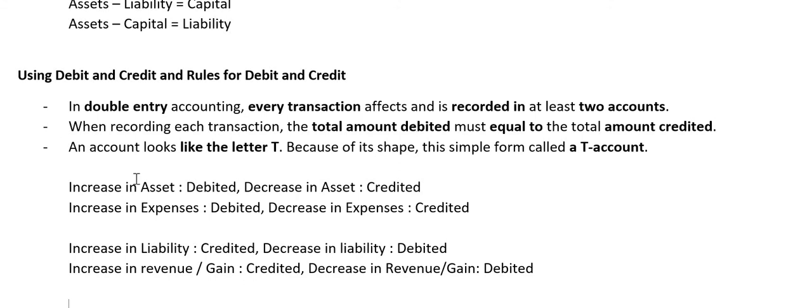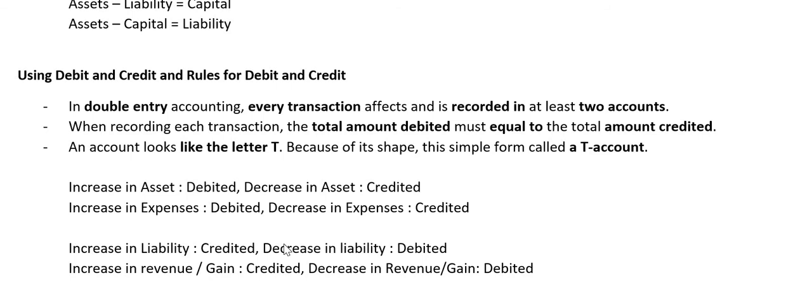See here what we see: assets and expenses get the same treatment, and liability and income. Revenue is my income, and liability and my income have the same treatment. So an increase in asset means the asset is to be debited, and a decrease in asset is to be credited.